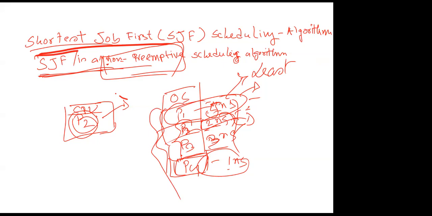Let's see one example of how your SJF algorithm works. Let's say we have a total of 5 processes. A process should have, of course, a process ID. I will draw a table here. This is the process ID. Here is the arrival time of a process.